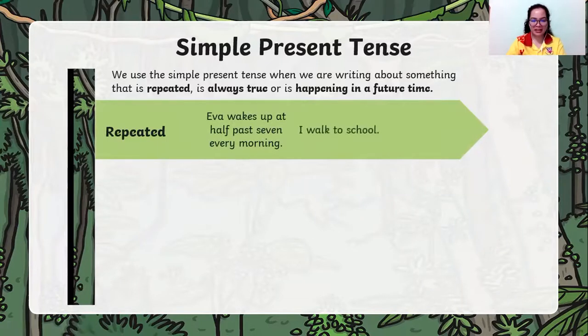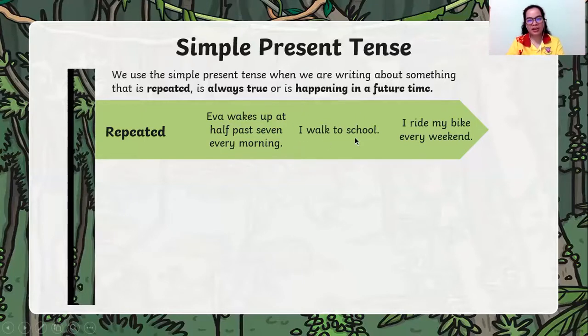Repeated. For example, Eva wakes up at 7:30 in the morning. So that is every day, an everyday routine. When we say repeated, it is your routine for everyday life. Next, I walk to school.